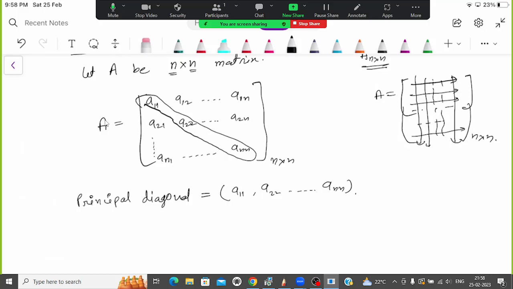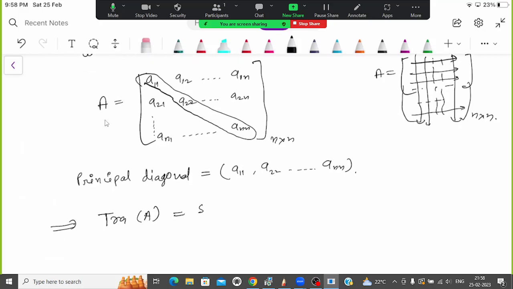So you want to know the trace of A, means what is the trace of matrix A? It is sum of principal diagonal elements.